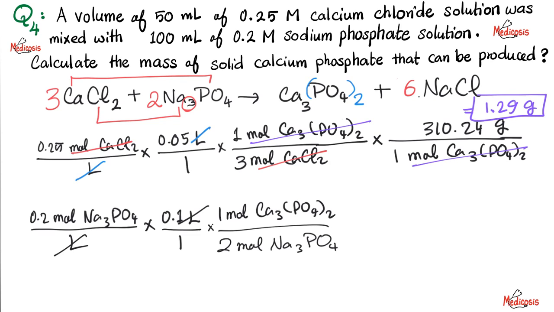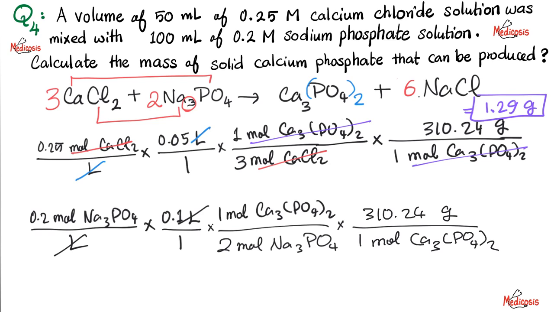Ca3(PO4)2. Then you need the periodic table to find the molar mass of calcium phosphate, which is the goal. I've already calculated this to be 310.24 grams in each 1 mole of calcium phosphate, like this. And then we cancel. We cancel moles Na3PO4 with moles Na3PO4.